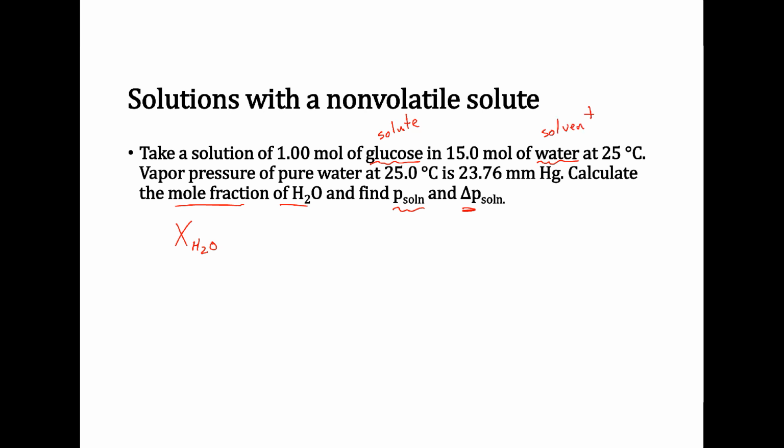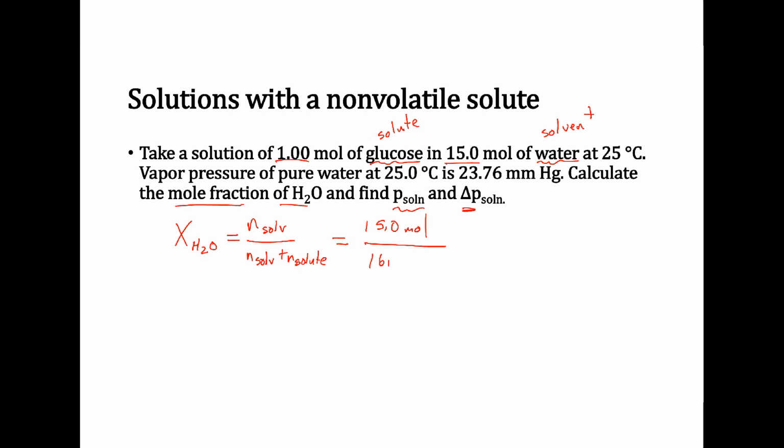If we want to find the mole fraction of our solvent, we'll find the moles of our solvent and divide by the moles of solvent plus the moles of solute. In this case, we have 15 moles of water all over 15 moles of water plus 1 mole of glucose.